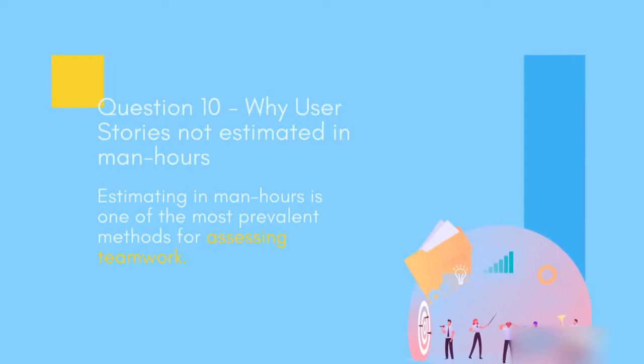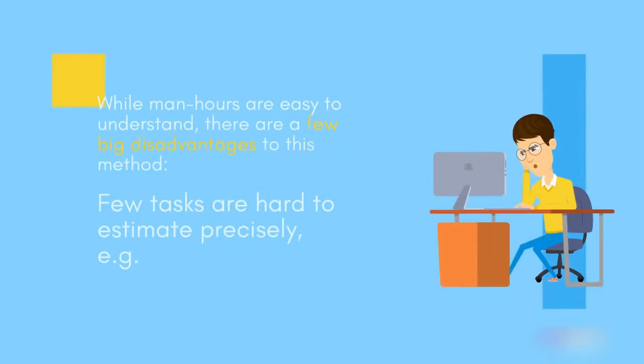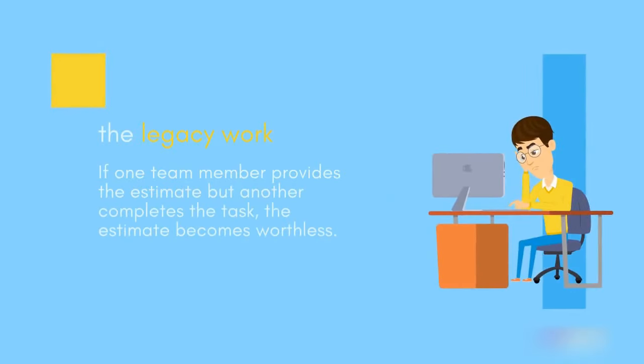Question 10. Why are user stories not estimated in man-hours? Estimating in man-hours is one of the most prevalent methods for assessing teamwork. While man-hours are easy to understand, there are a few big disadvantages to this method. Few tasks are hard to estimate precisely, for example, the legacy work.